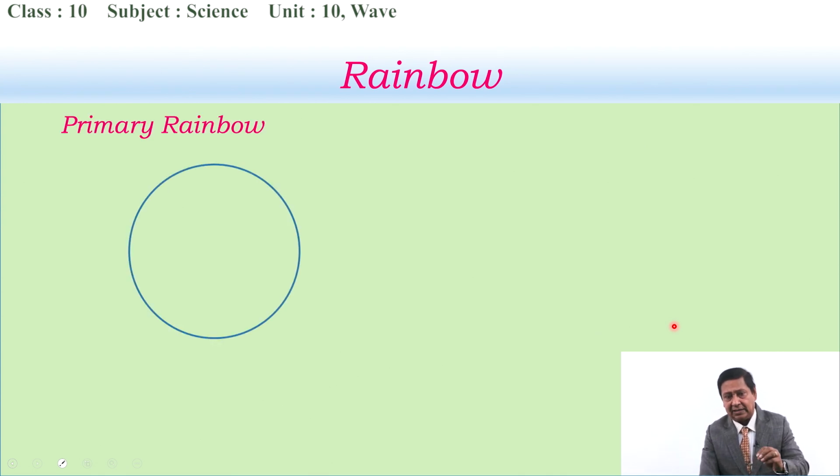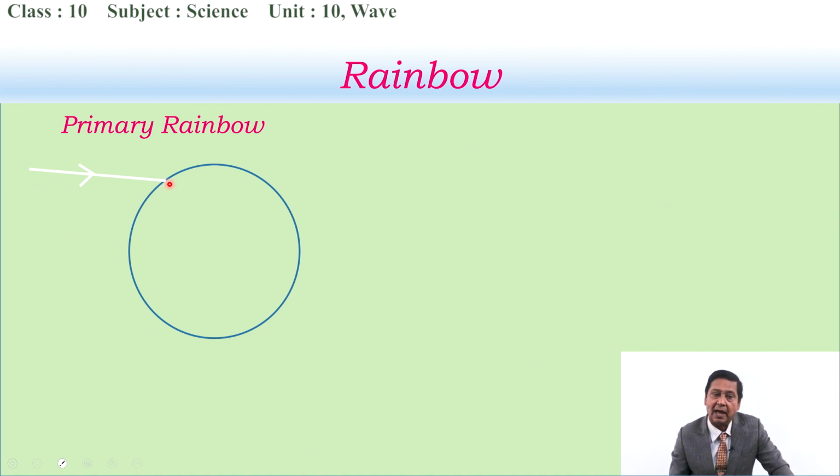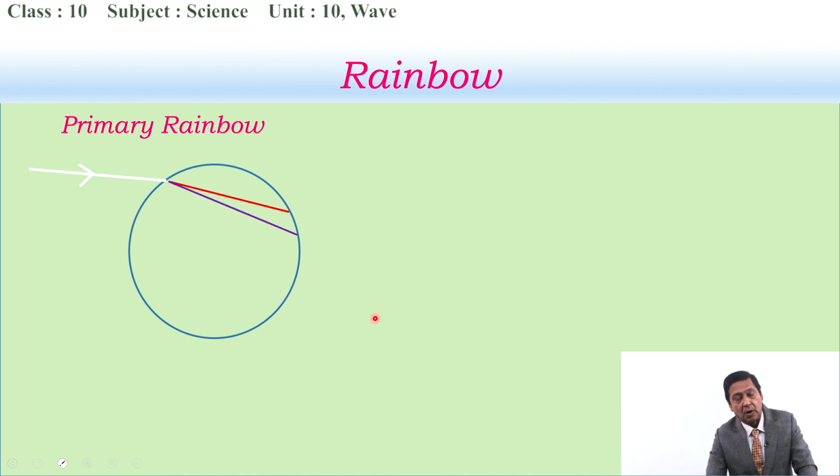Let's say this is the primary rainbow and this is a droplet of water. When light enters from one of the sides this way, this is white light. Now dispersion takes place at this point, and dispersed light goes to another surface.